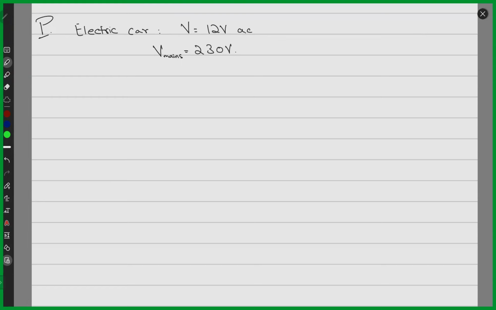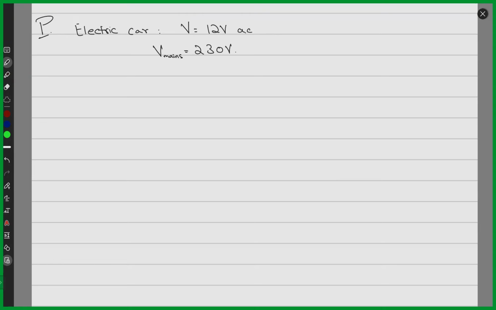Again, you have an electric car that works by using 12 volts of AC supply, and in your sockets you're getting 230 volts of supply.